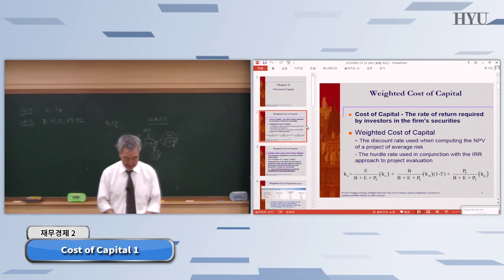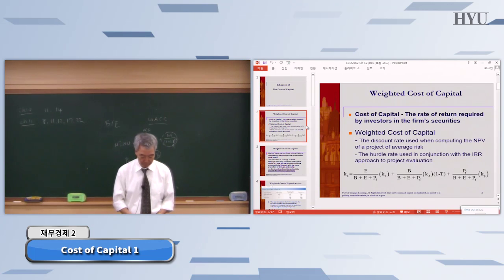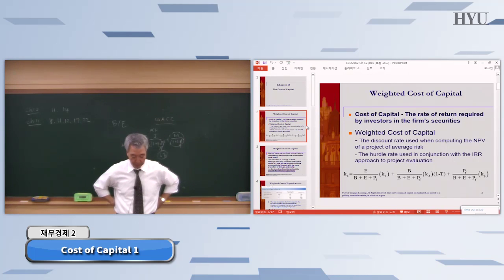And exactly how do we calculate the WACC? KA is the weighted cost of capital, okay? And the B, E, P all stand for the market value of different types of capital.